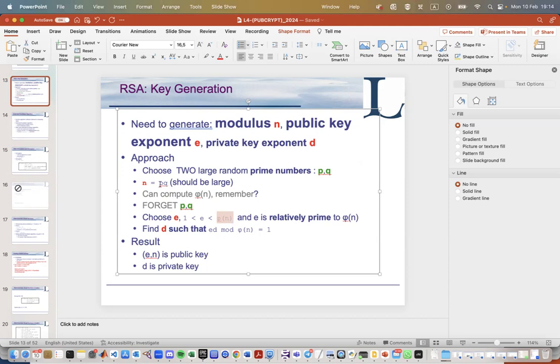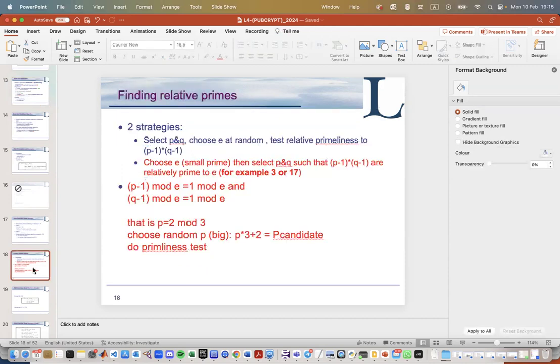And in this case, P and Q in this presentation are essential numbers where all computations begin. I hope it's not confusing.